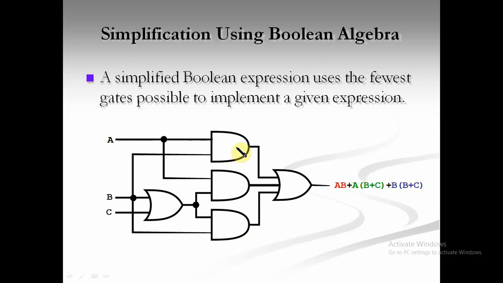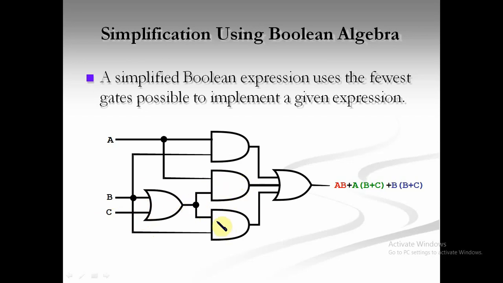The A input of the first AND gate is A, and the second input is B, that is AB. The second AND gate has input A and the OR gate B plus C, that is B or C, so it is A in bracket B plus C.